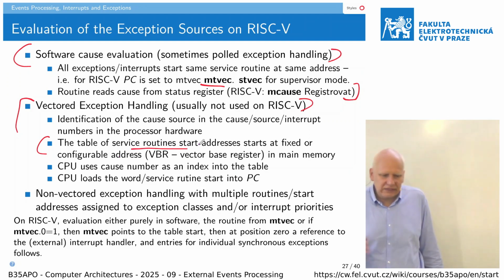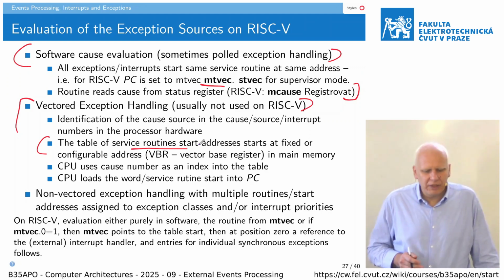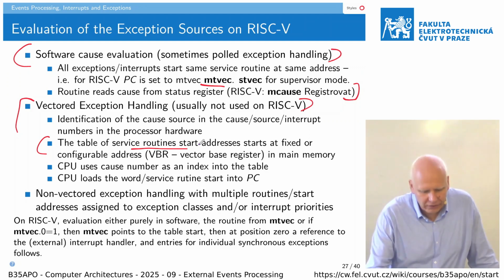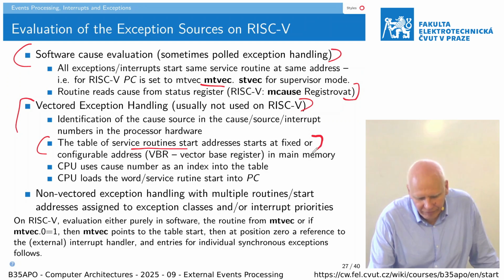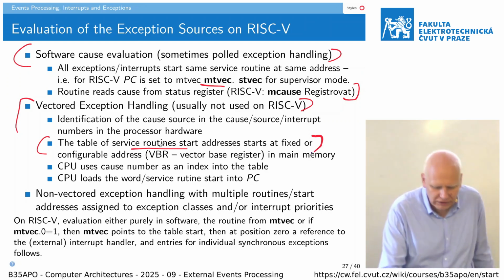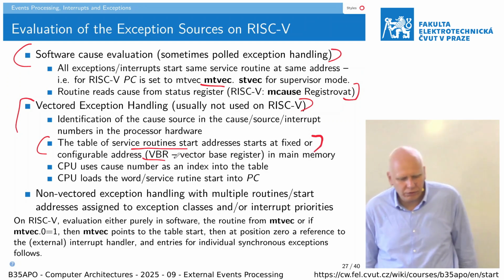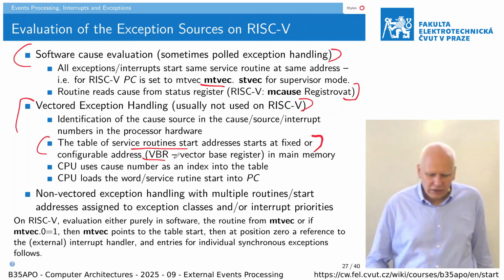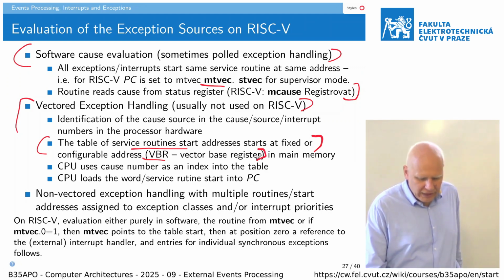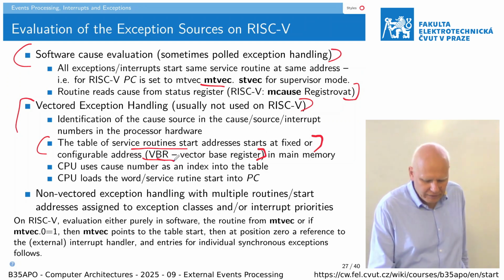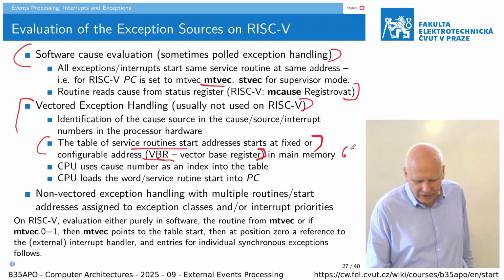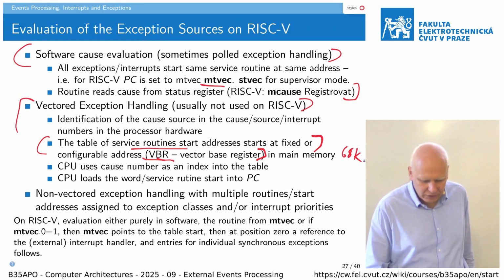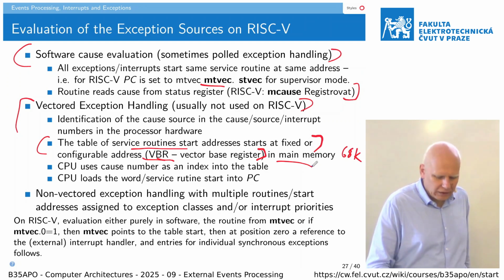This table can start at some fixed address or some address which can be configured by a control register. This is not the case of RISC-V, but for example a vector base register on the 68K family and so on. And the table is in main memory.